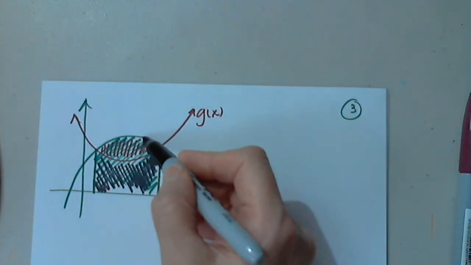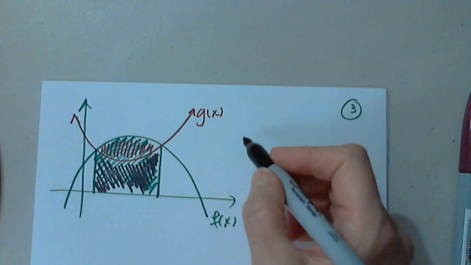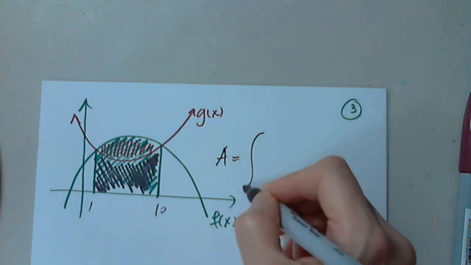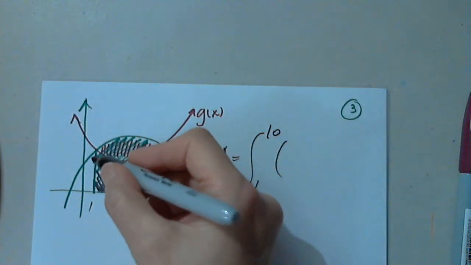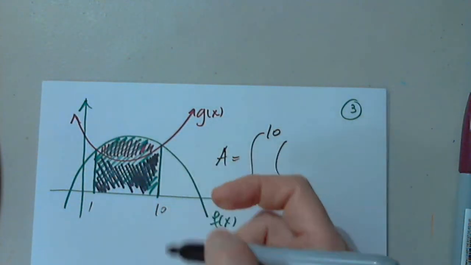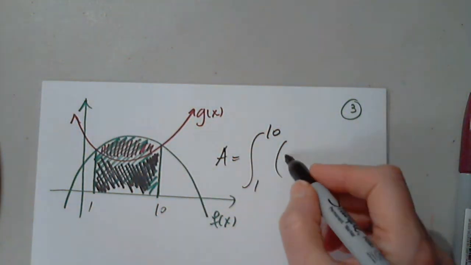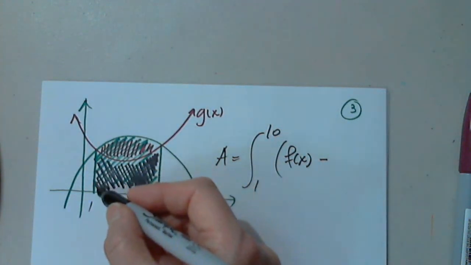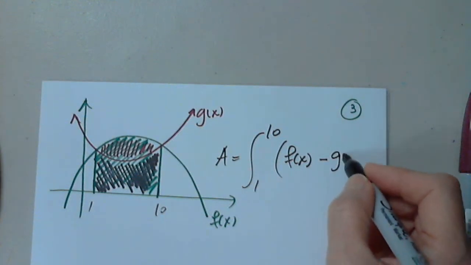So from the area under the function above, let's say between 1 and 10, the area will be the integral from 1 to 10. I have this area which is under f of x, minus, subtract this area which is under g of x.